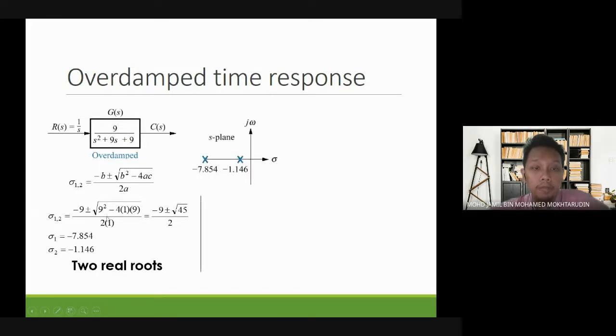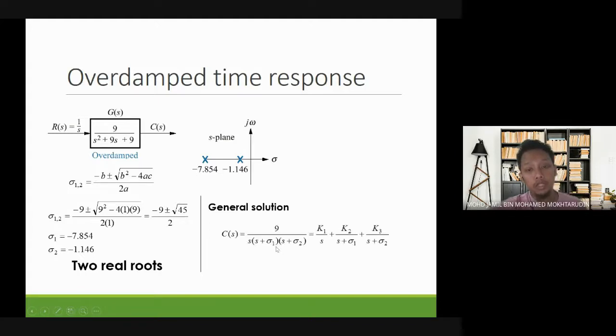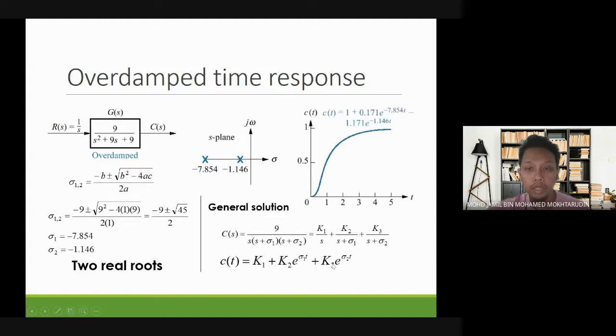And you can plot the poles on the s-plane. For poles, we use X or cross to represent them. The general solution for overdamped time response is given as this one, and you can also plot the time response for this transfer function.